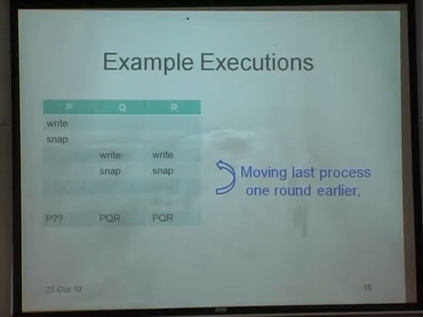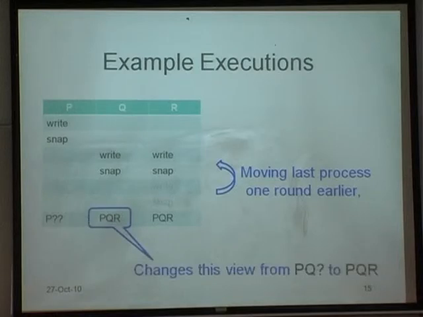Well, what happens is that by taking the last process to run and moving it one round earlier, exactly one view gets changed. So if you think of this as a simplex, we moved from one two-simplex to another two-simplex that share an edge, because these two other values remain unchanged.